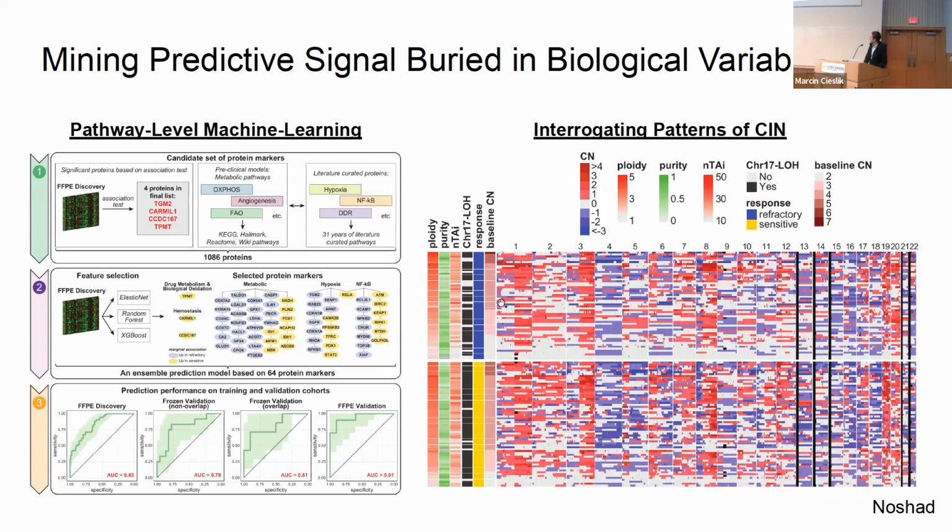I'll use those plots repeatedly, so I'll explain them once, but if you're confused, please ask. Each row here corresponds to a patient. So we have approximately 150 patients here, 150 rows, and each column corresponds to a locus at a certain resolution. And the loci are arranged by chromosomes. So this is chromosome 1, chromosome 2, chromosome 3.